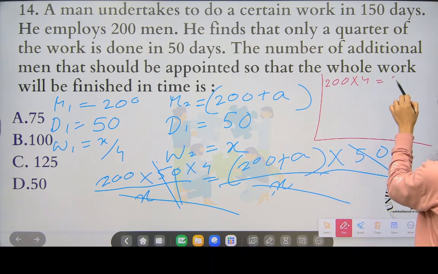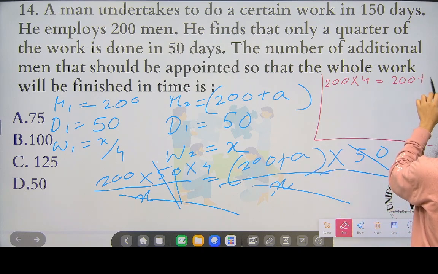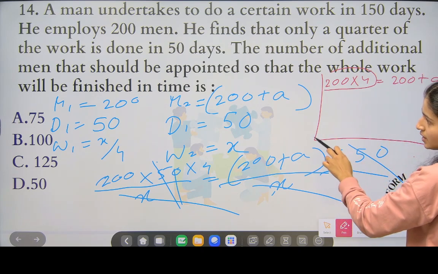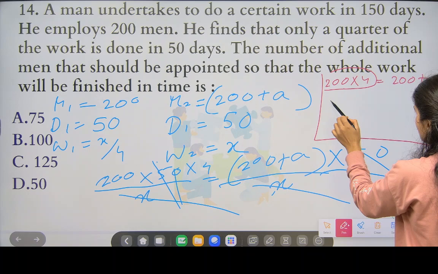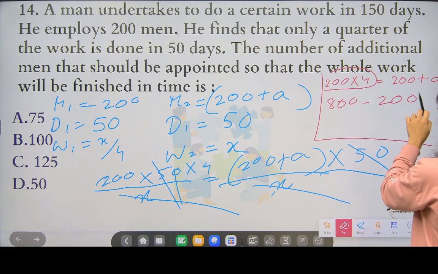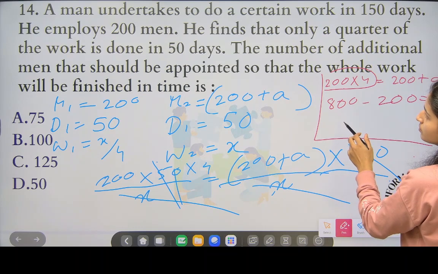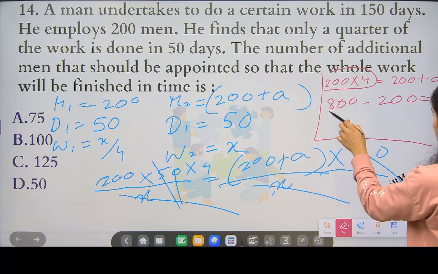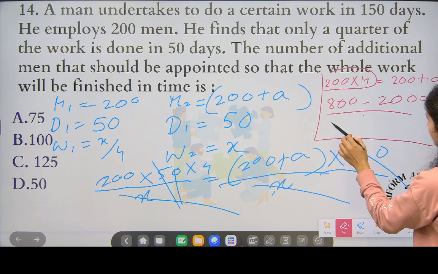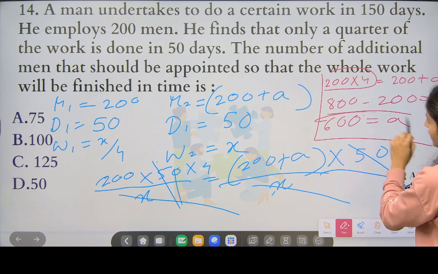So 200 plus A. So what is this? 800 is equal to A.